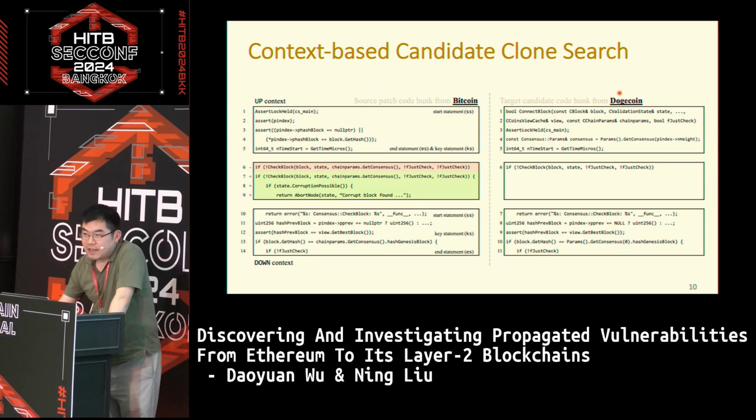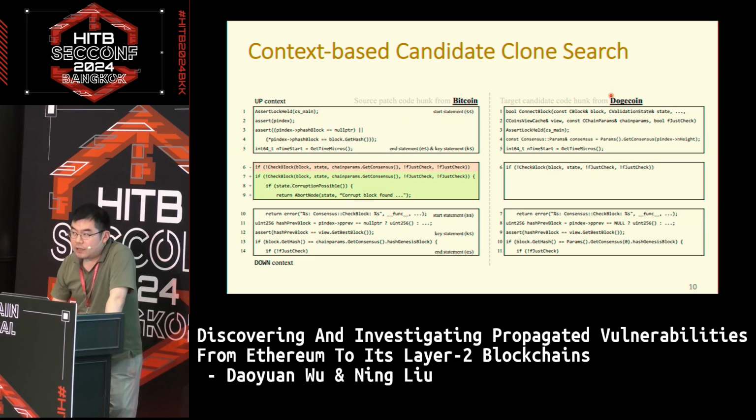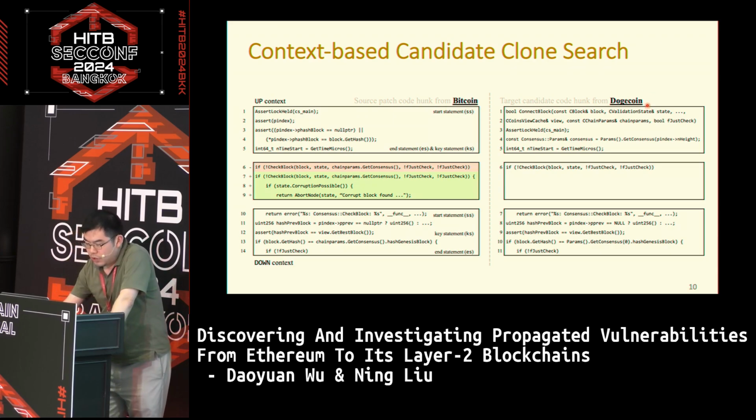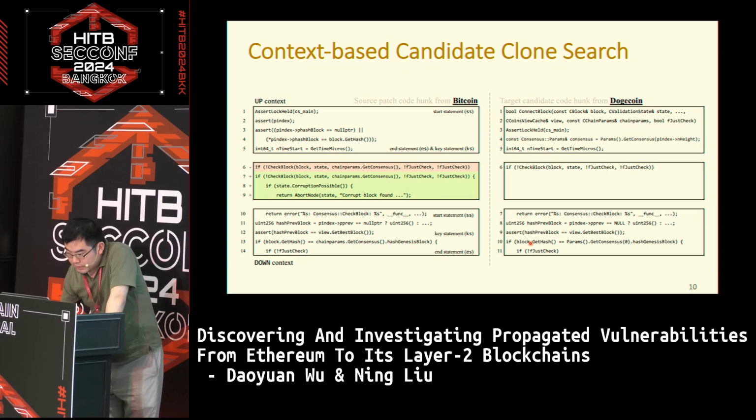Then on the right-hand side is the target candidate code from Dogecoin. You can see this part of the context is very similar to Bitcoin, but the upside context is not exactly similar.